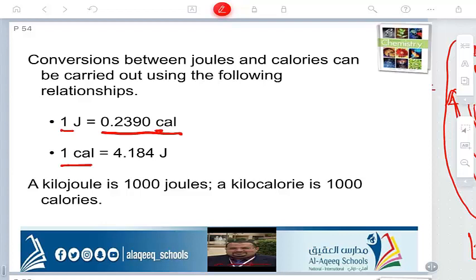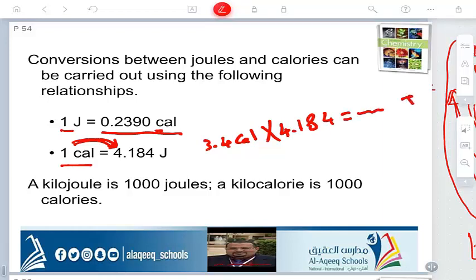If you want to convert calorie to joule, just multiply. I'll give you an example very quickly. If you have 3.4 calories and you want to convert them to joules, just multiply this value by 4.184. It gives you the value in joules.